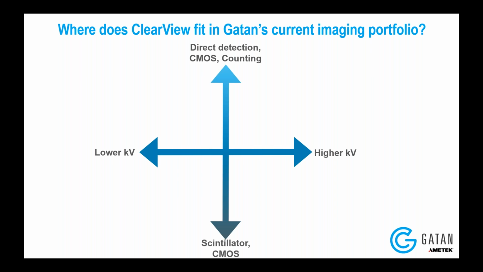So I thought it would be useful to go over the ClearView camera and how it fits in the current Gatan imaging portfolio. Normally, I think an easy way of describing the different cameras that Gatan offers is on two axes: a low kV and high kV regime on one axis, and a scintillator camera with a CMOS sensor compared to a direct detection CMOS counting camera in the other direction.